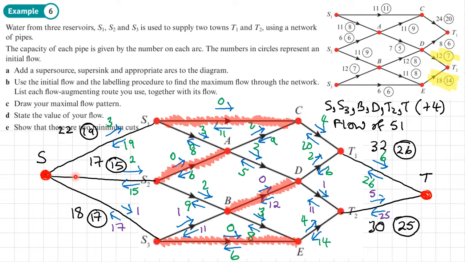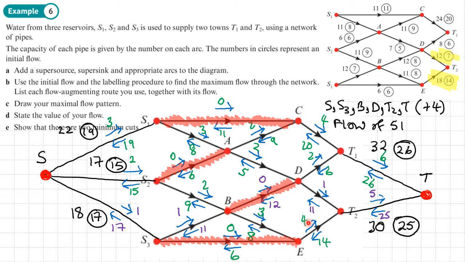So looking at the routes, it looks like the most I can increase a route by is 2. So I've got 3, 3, 2, 4, 6. I can increase that route by 2. Even if I was to go this way, it's still 2. If I take this route here, 2, 2, 3, 4, 5, so it's still 2. And this route at the bottom, well, the most I'm going to be able to increase that by is 1.